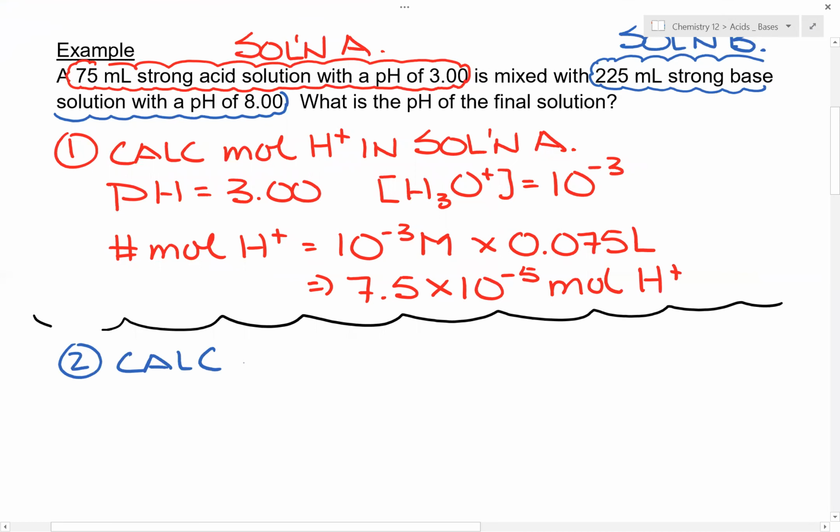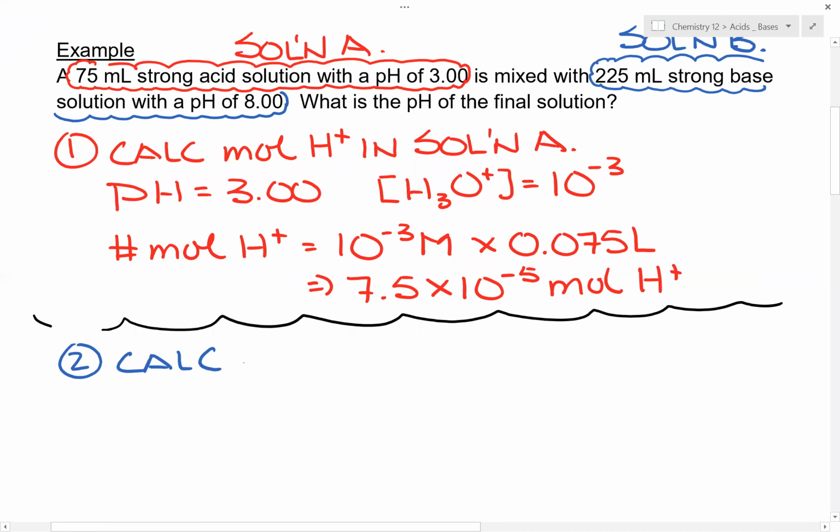The common mistake is people see the pH of 8.0 and then they just take the inverse log and say the concentration of OH- is 10 to the negative 8.